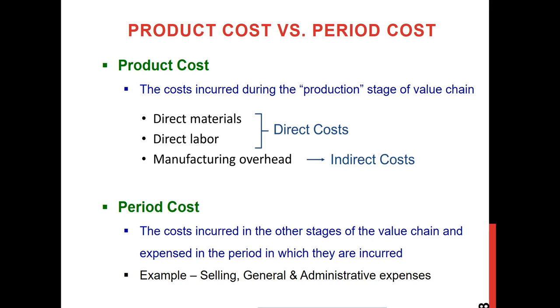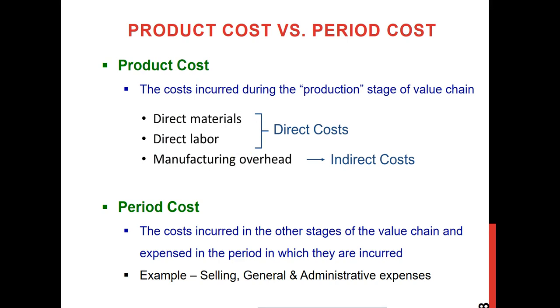So for your product cost, you will have three types: direct material, direct labor, and manufacturing overhead. I'm repeating these three types of costs: direct material, direct labor, and manufacturing overhead. And throughout the semester, we will learn different ways how we can calculate all these costs. And all together will be your product cost.